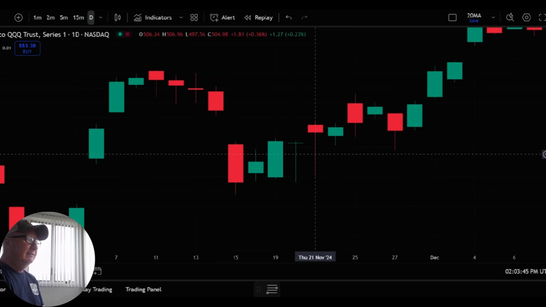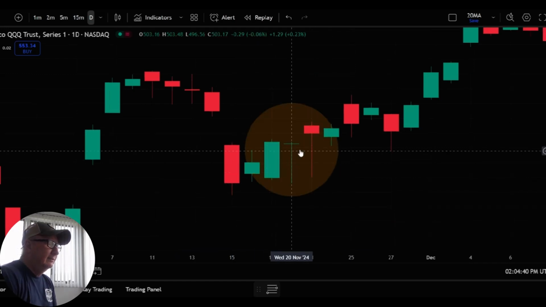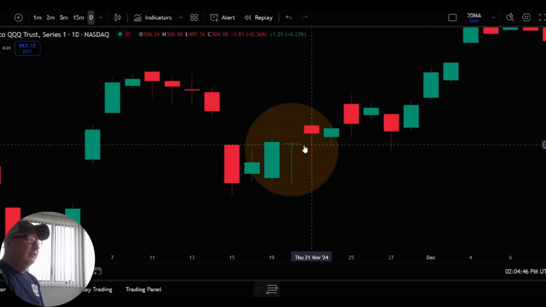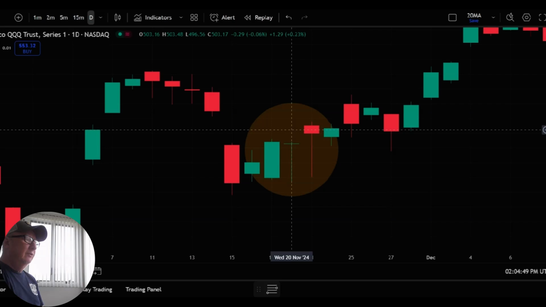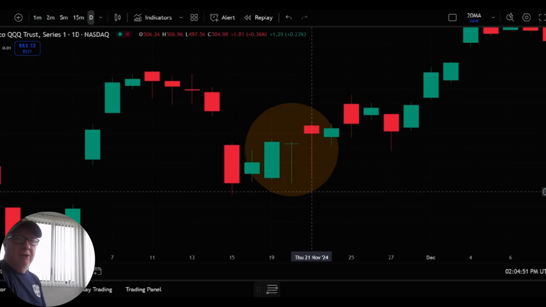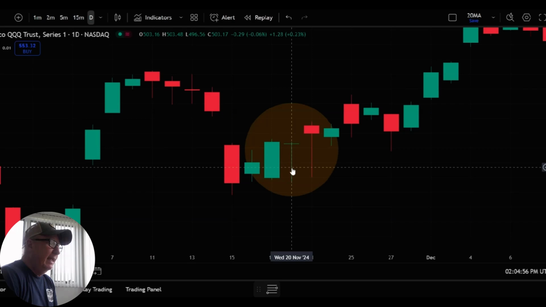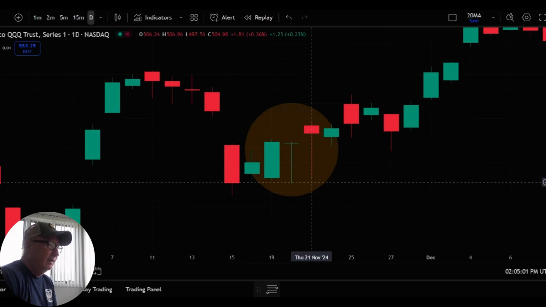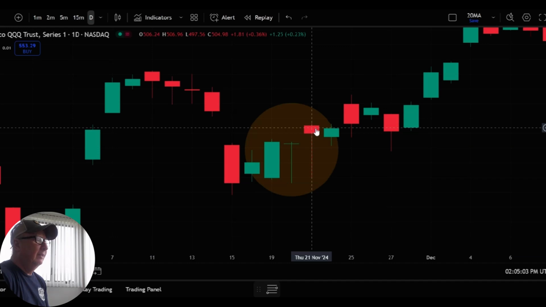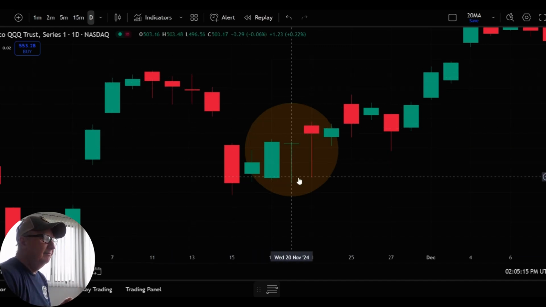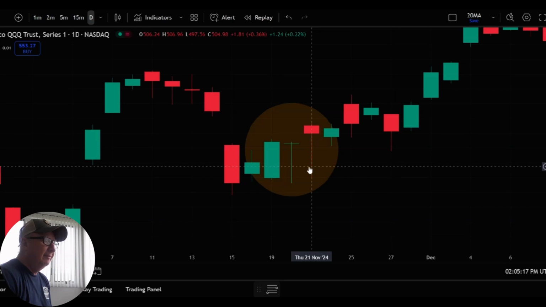And what those bottoming tails are telling you, and we're focused on these 2 bottoming tails here, right? What they're telling you is that sellers or price action lower is being rejected. That's why you get a big move down and then a move up in the same time frame. It's important that we have this downtrend in place for these to be bottoming tails.